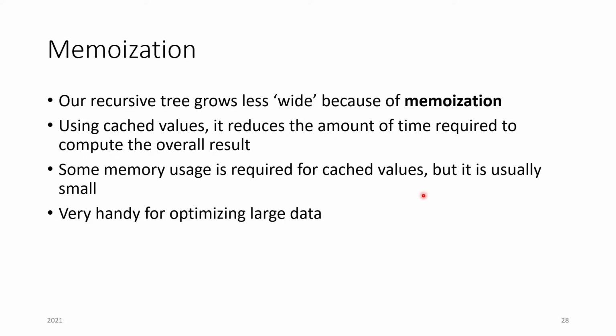Especially when you start dealing with large amounts of data, memorization is quite important because it reduces the overall amount of memory that your program is required to use, as well as speeding up your program, because it's a lot easier and faster to retrieve a value than it is to compute a value.